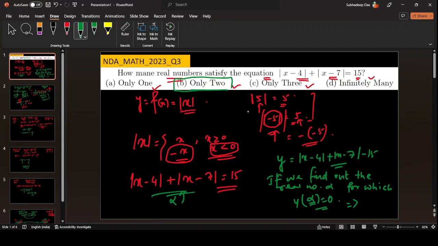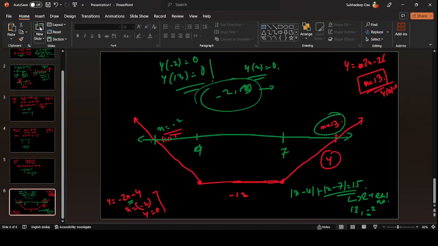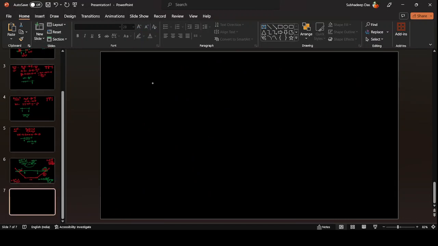It is the solution. Now, one more thing I must mention here. Suppose for this type of question, it is given like this: how many real numbers satisfy mod of x minus alpha plus mod of x minus beta plus mod of x minus gamma equals some r.